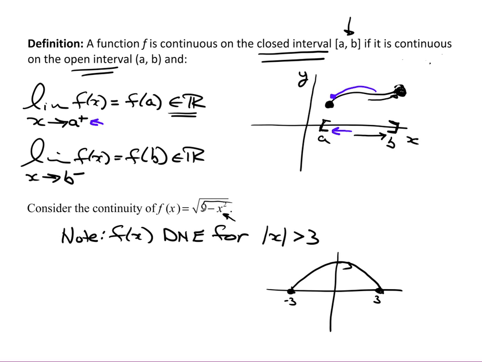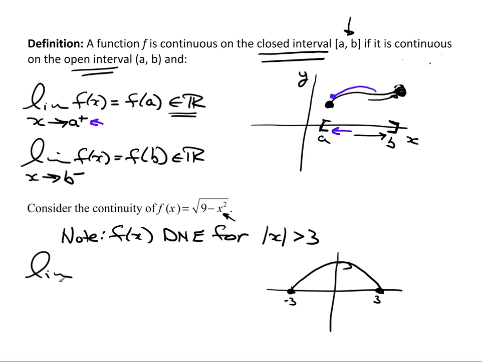So what I want to do is, this by itself is a polynomial. That's continuous everywhere. Because of that square root, we've restricted our domain, which is what we've done here. So I know, in other words, that this is continuous on the open interval.